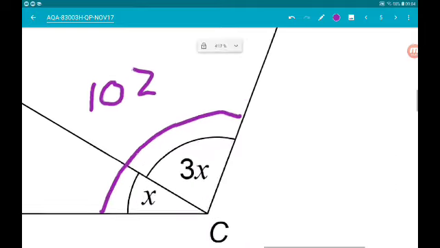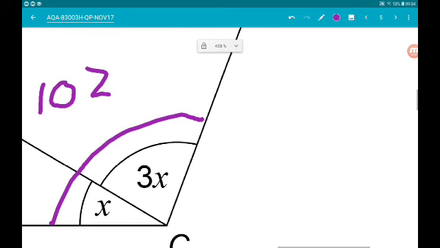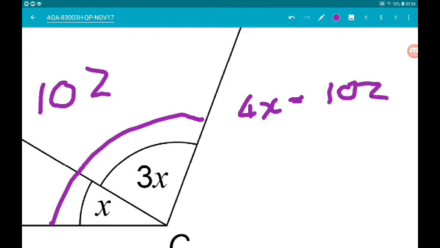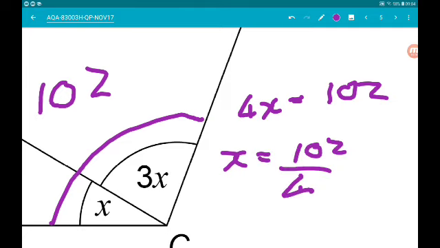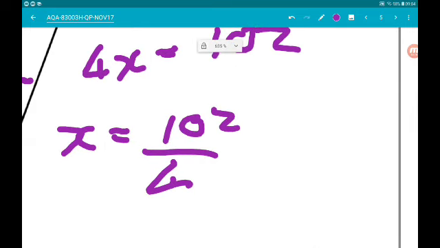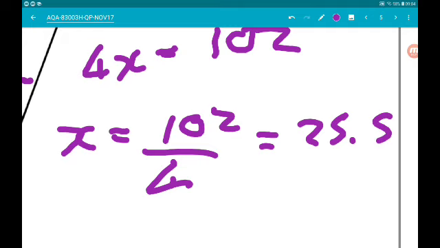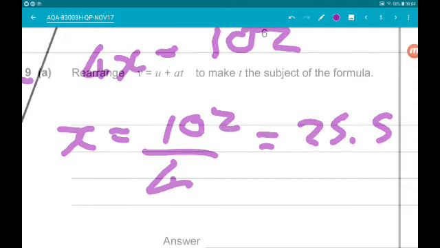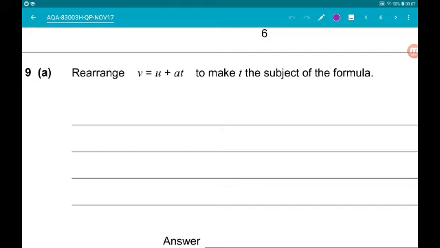Now that tells us then, added together, 4x is equal to 102. So x is 102 divided by 4, which is going to give us 25.5. Cool.